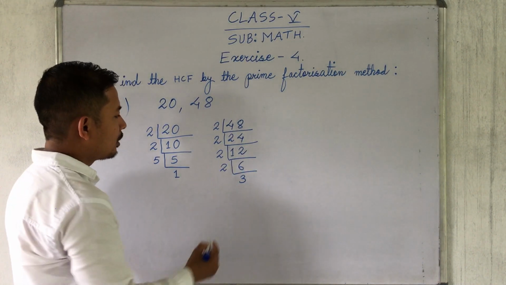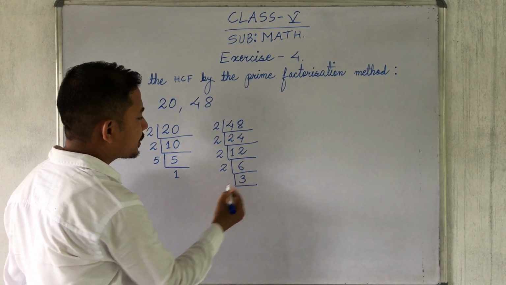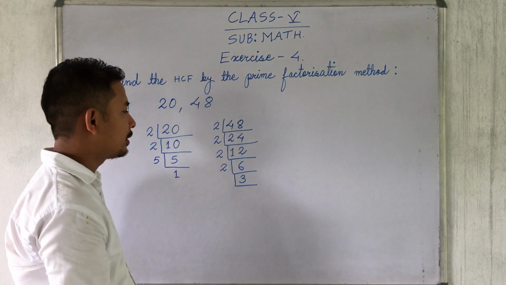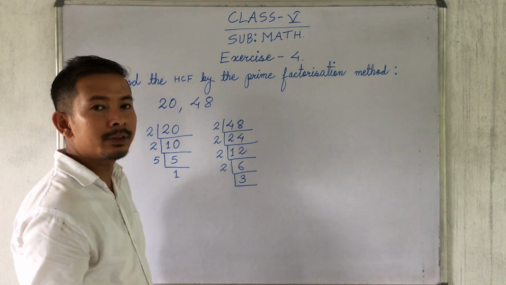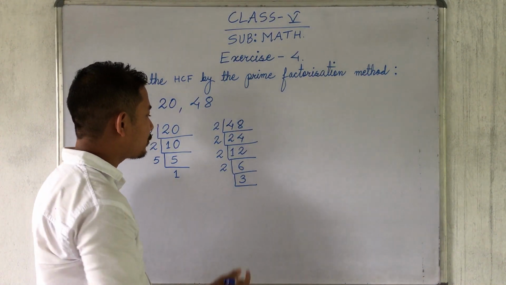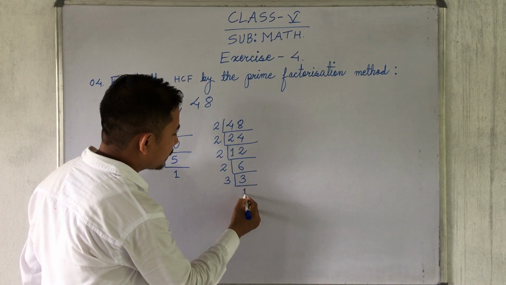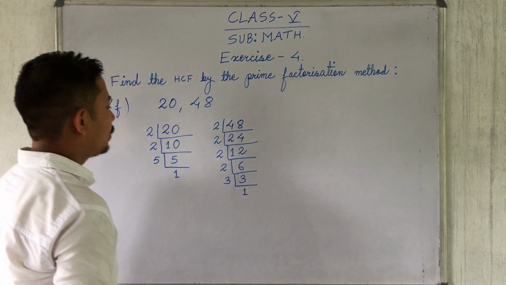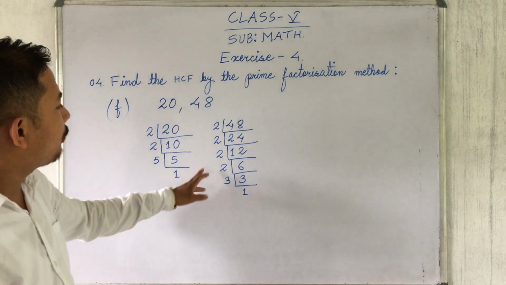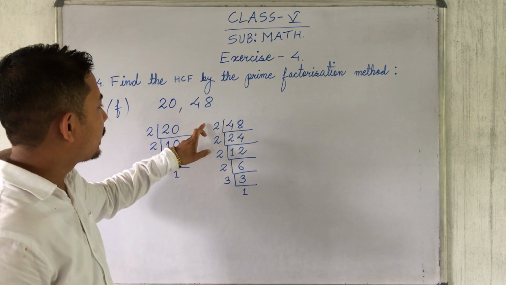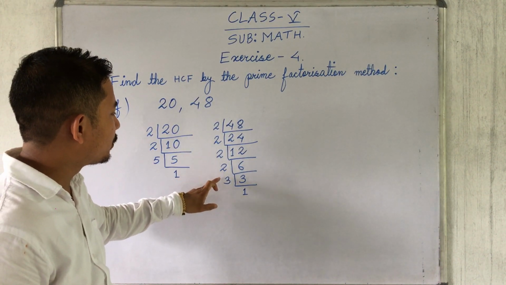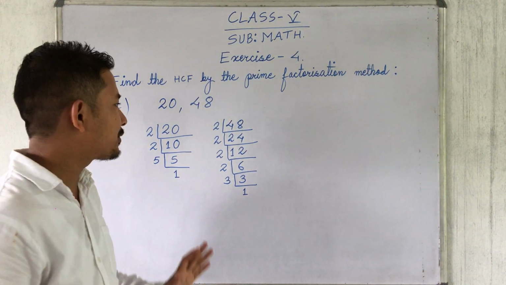Now look at here, is this 3 divisible by 2 or not? Obviously it is not divisible by 2 because 3 is not a multiple of 2, so we have to divide by itself. Okay, 1 times 3 is 3. So this way we have got the factors of 48 as 2 into 2 into 2 into 2 into 3. Understood? It's very easy.